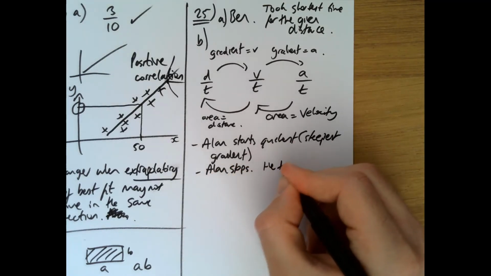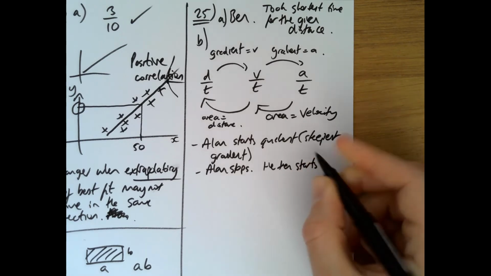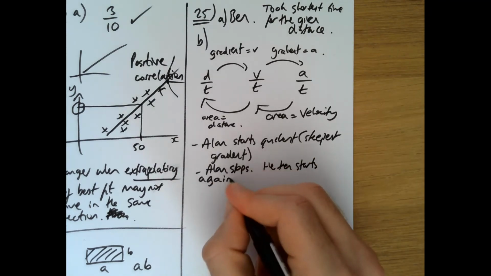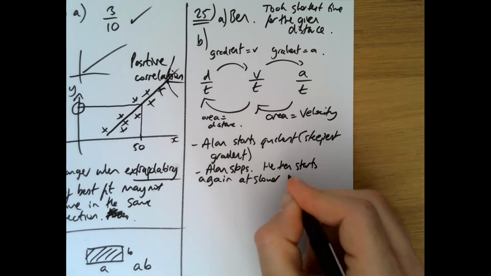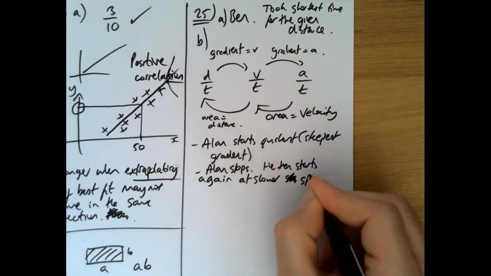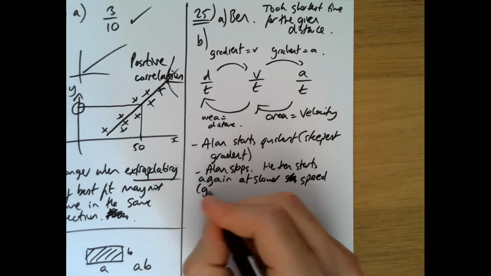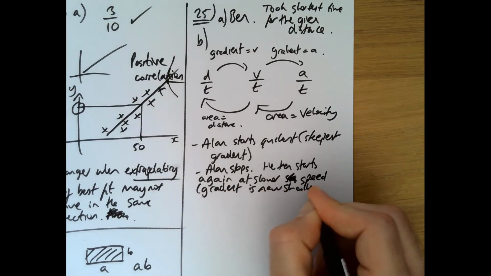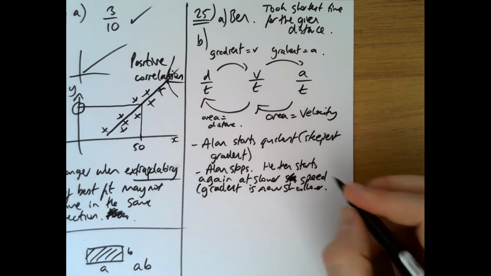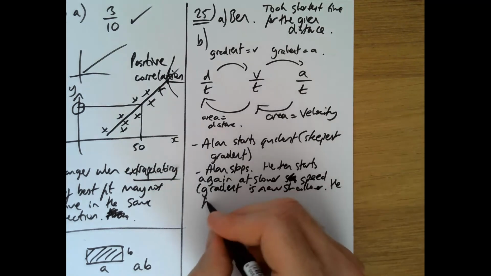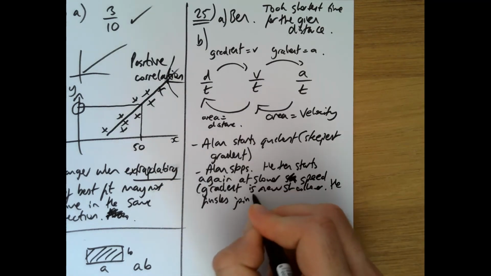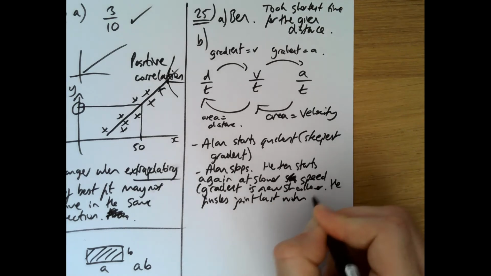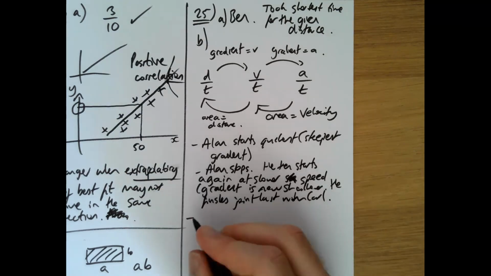He then starts again at a slower speed. How do we know it's a slower speed? You should be able to see that the gradient is now shallower. Where does he finish? He finishes joint last with Carl.